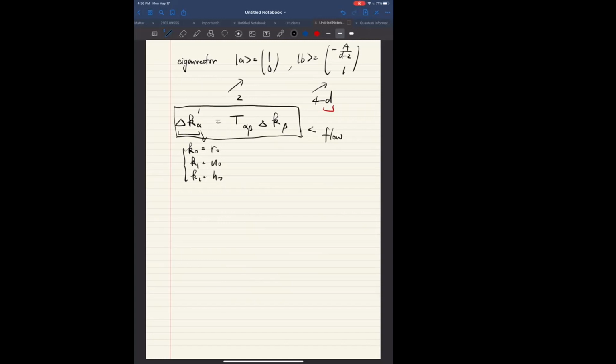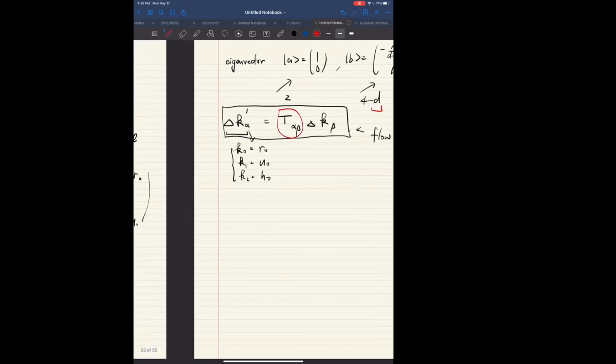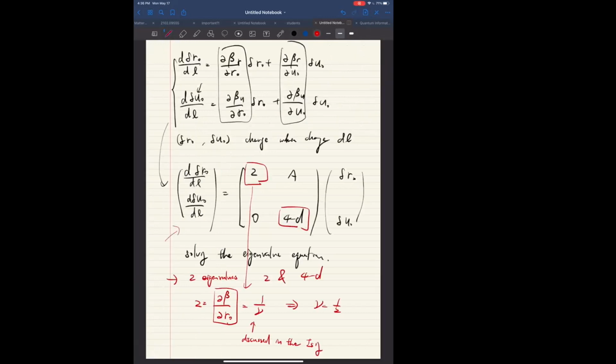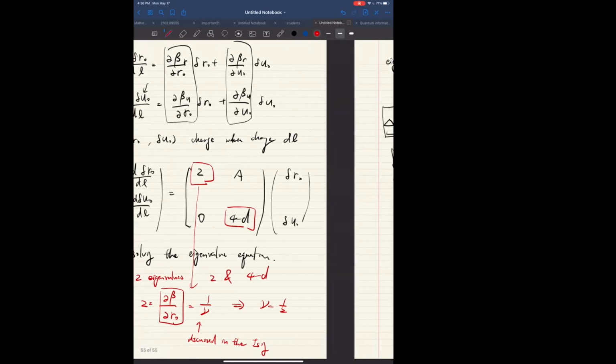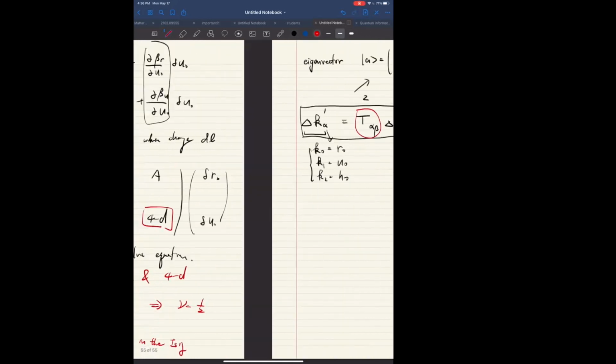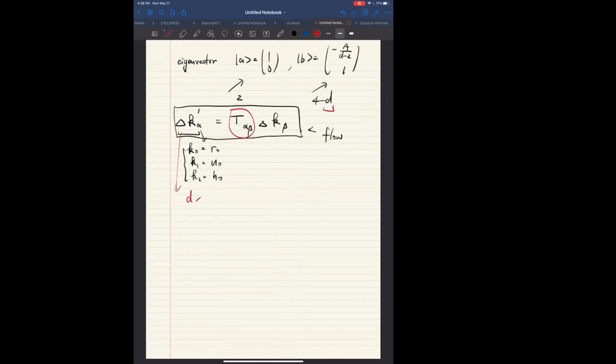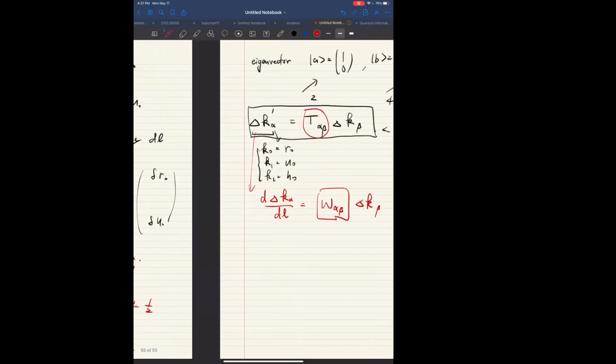So we want to translate this T, which gives you the flow, from what we discussed as a linear differential equation. We can translate directly, because this part is nothing but d delta k alpha over dl, equal to omega alpha beta, so this omega alpha beta corresponds to this part.